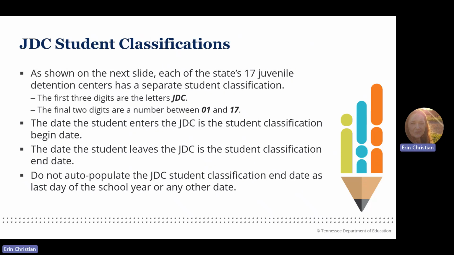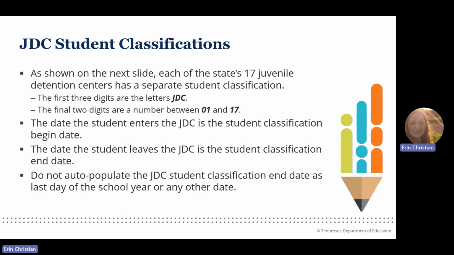JDC student classifications. As shown in the next slide, each of the state's 17 juvenile detention centers has a separate student classification. The first 3 characters are the letters JDC, and the final 2 digits are a number between 01 and 17. The date the student enters the JDC is the student classification begin date.